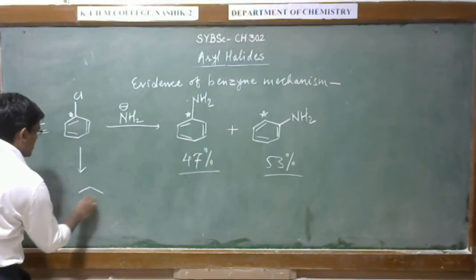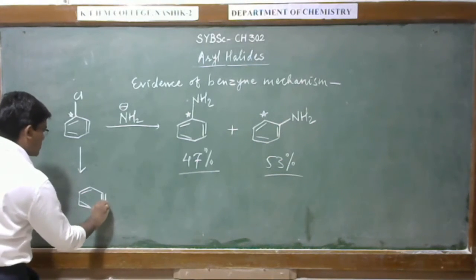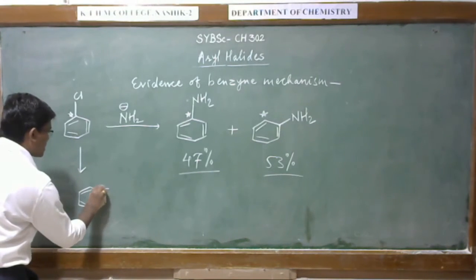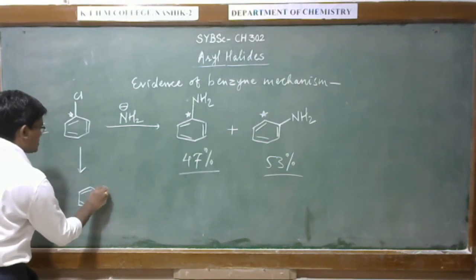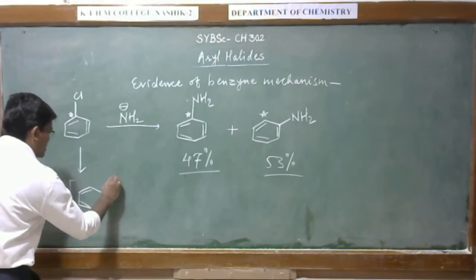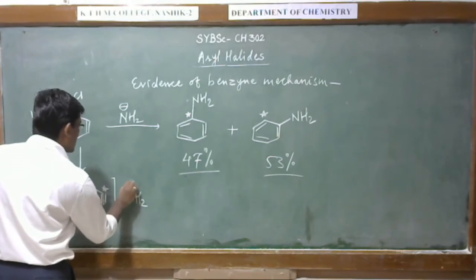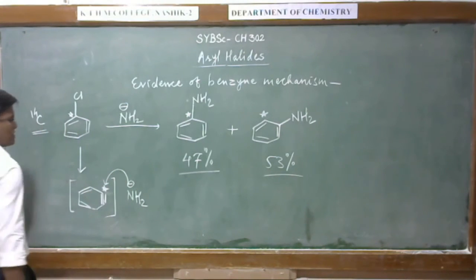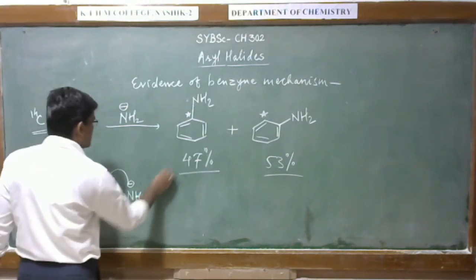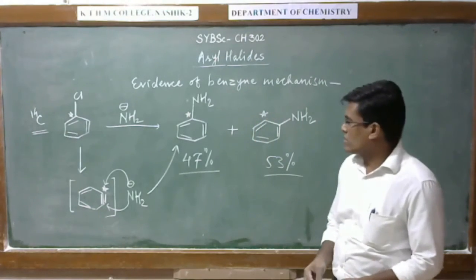So in this case, this benzyne will form. For example, this benzyne will form. This is the isotopic carbon. So this is the intermediate that can be formed in this reaction. So this amide ion can either attack at this carbon or at this carbon, to give this mixture of products.